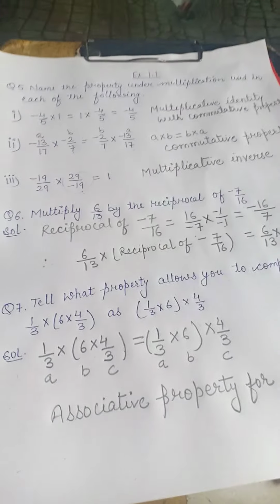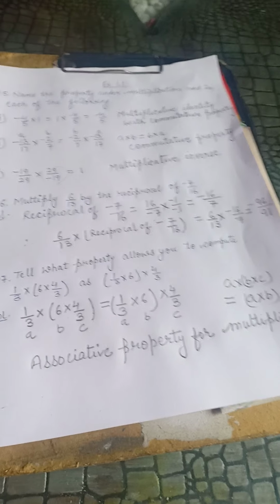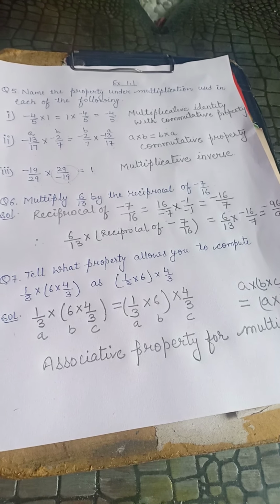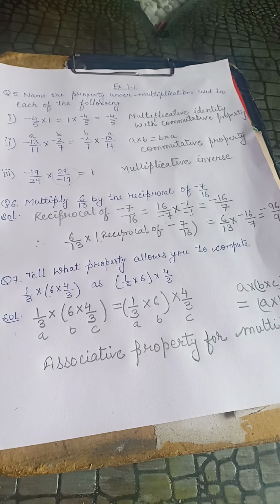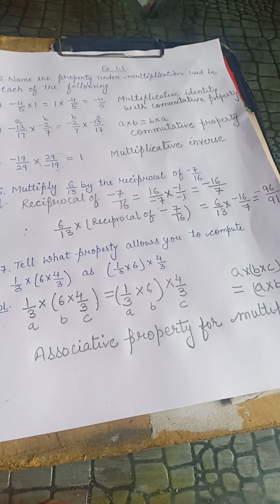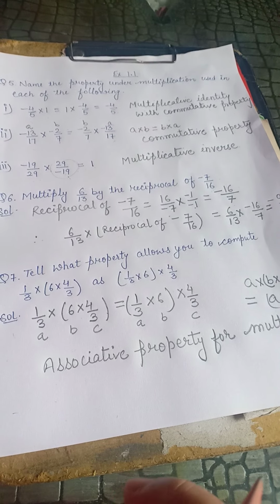Here many students are confused between associative property and commutative property. So let me tell you the difference. In commutative property positions are interchanged, and in associative property grouping is changed.